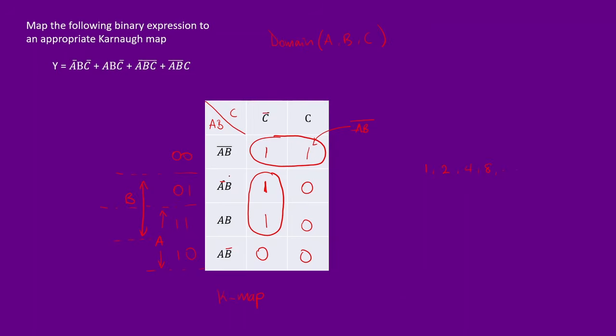So you look at it and say, all right, this region is going to be B, not C, since I have B and not C as the regions where it is asserted. Since it cuts across both not A and A, it's not going to depend on A. That's the logic we use. So the simplified expression of Y would be not A, not B, or B, not C. It's as simple as that.